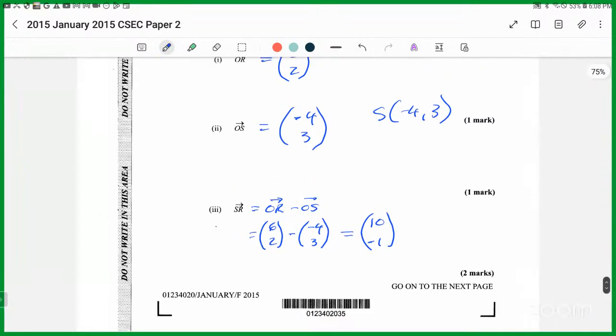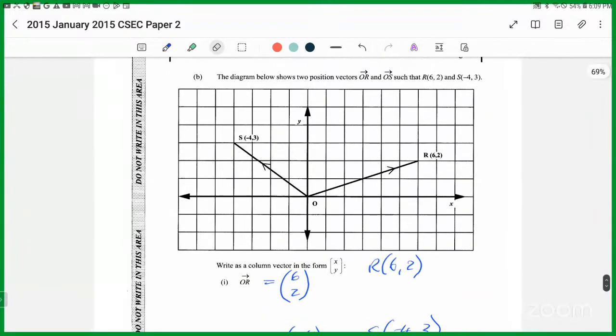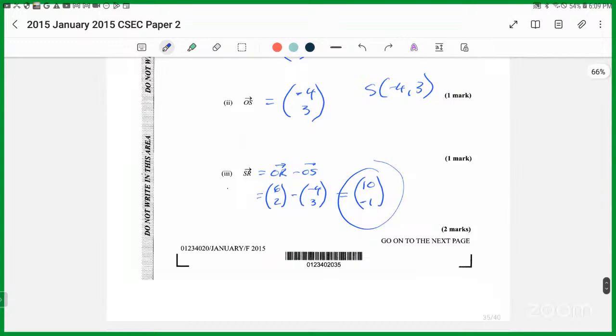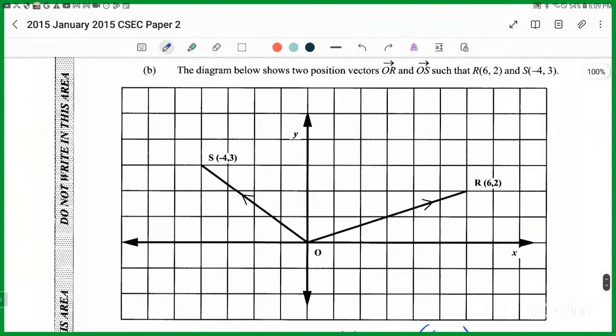Now we can check if going from S to R is really this. This means 10 to the right and 1 down to go from S to R. Let's double check that: 1, 2, 3, 4, 5, 6, 7, 8, 9, 10 to the right, and 1 down.